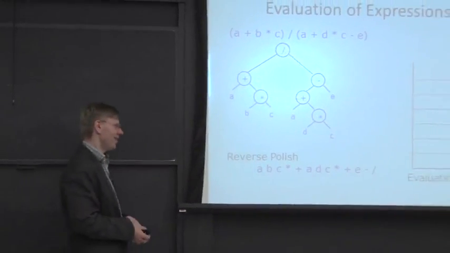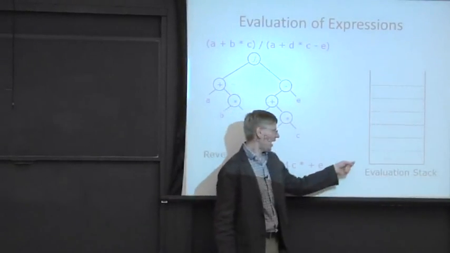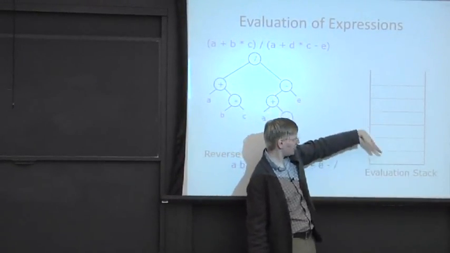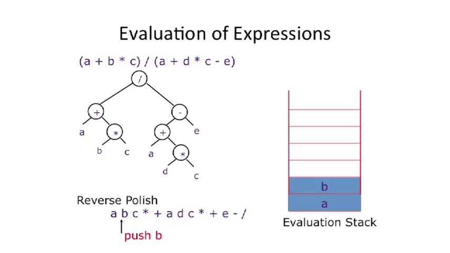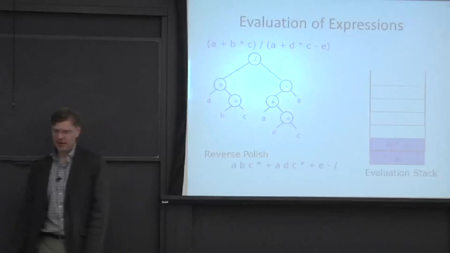Here we have an evaluation stack, and the top of the stack is whatever's on the top in this picture. First we say push A. So A shows up on the stack. Then we push B. We push C. And then we do a multiply. We take the two entries on the top of the stack, multiply them, and put the result into this entry in the stack.